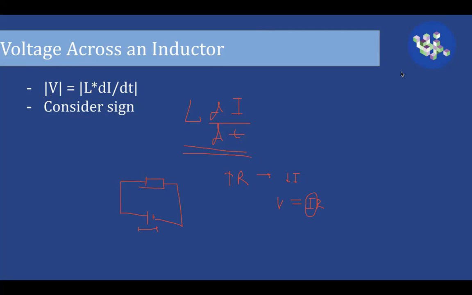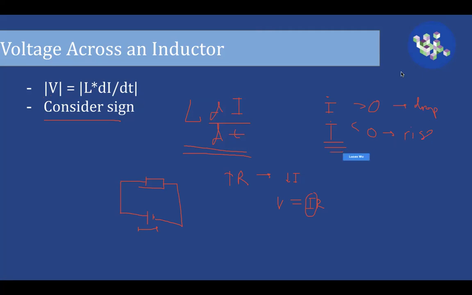So remember, the sign is: if the current is increasing, I have a voltage drop. If i dot, which is just di over dt, is greater than 0, then I'll have a voltage drop. If i dot is less than 0, then I'll have a voltage rise, because a voltage rise will help increase the current when the current is decreasing.